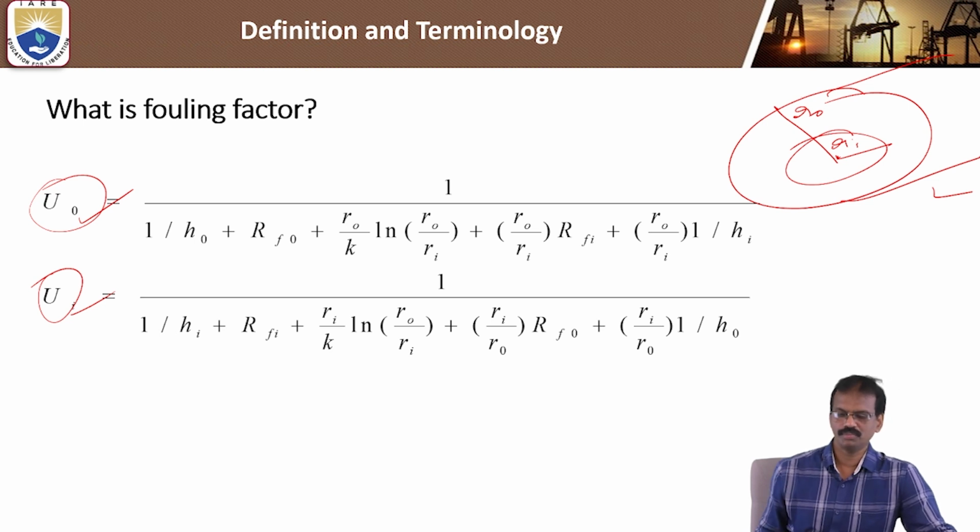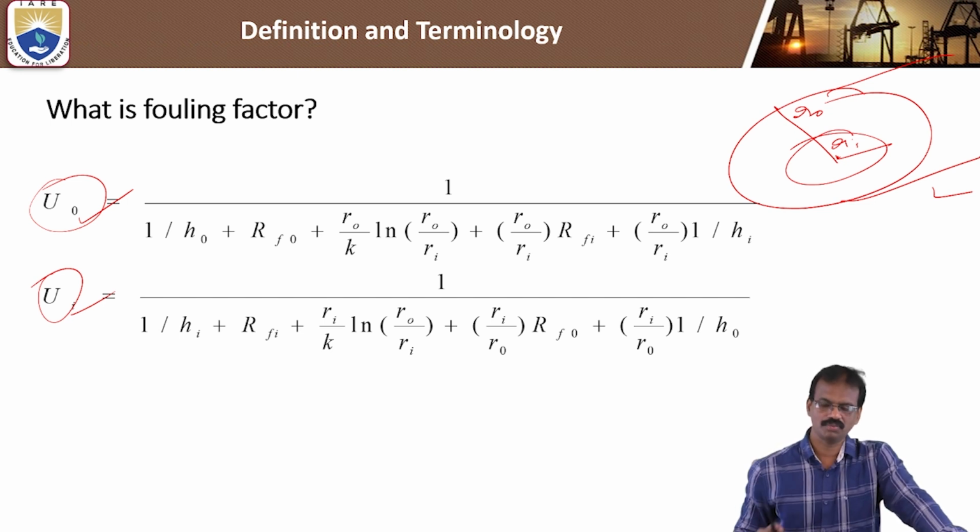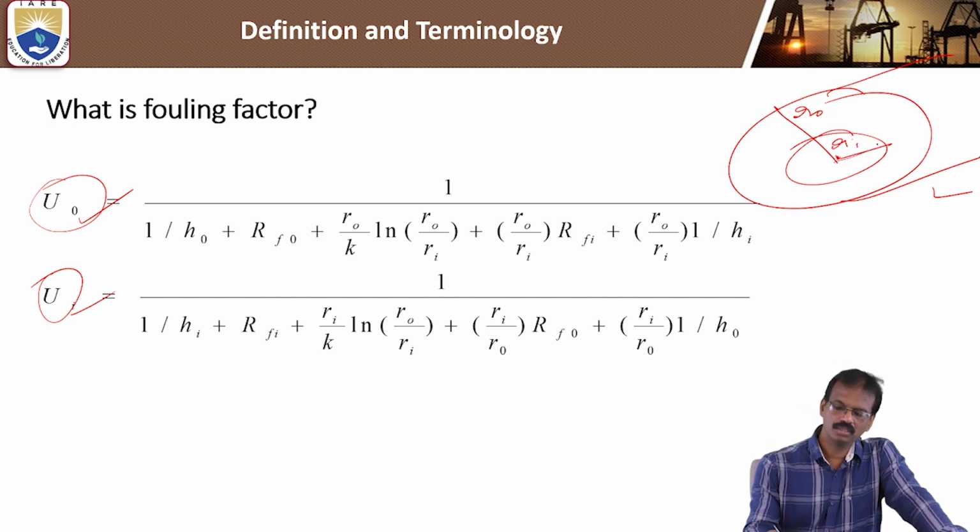With respect to the outer surface, which is exposed to the atmosphere, automatically some scaling or deposits form on the surface. In the inner surface also, due to the flowing of fluids, the impurities in the fluids react with the surface and form deposits. So R_fi is the fouling resistance of the inner surface, and R_fo is the fouling resistance of the outer surface.